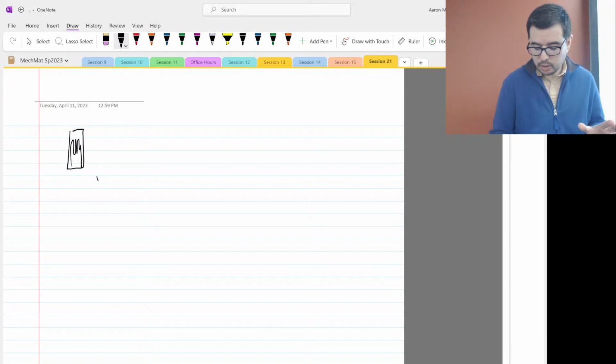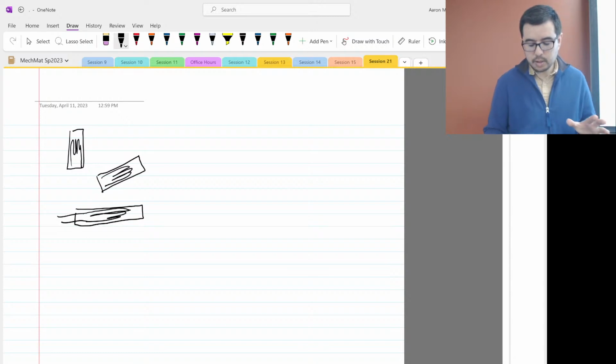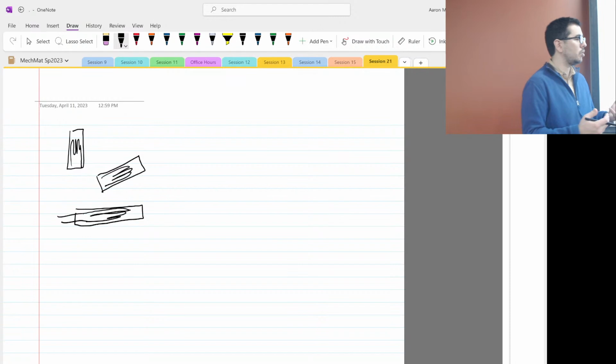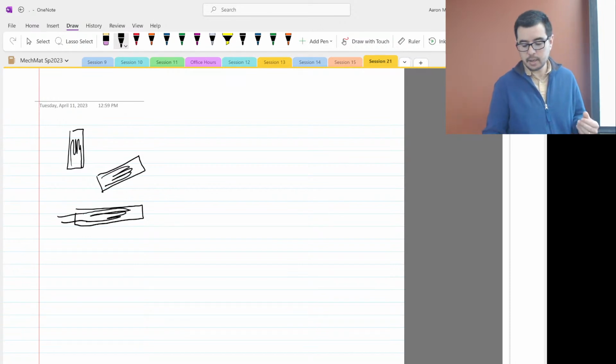Strain gauges measure in one direction, and we need multiple of them to measure the three components we're interested in for plane strain: epsilon x, epsilon y, and gamma xy.